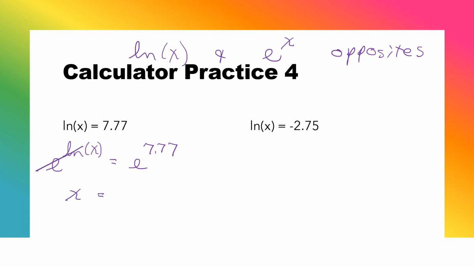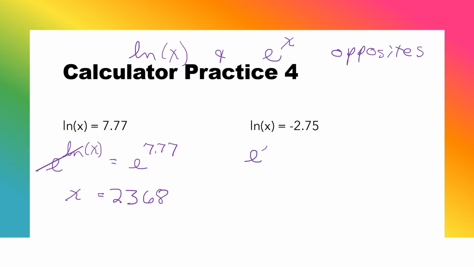And if I run that through my calculator, 7.77, second function e to the x, I get 2,368. Over on the other example, again, we're going to take e and raise it to the power of both sides of this equation.